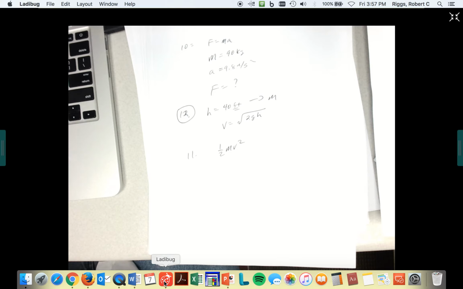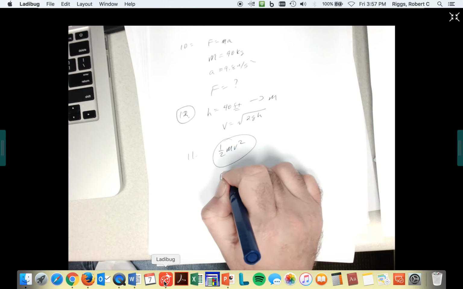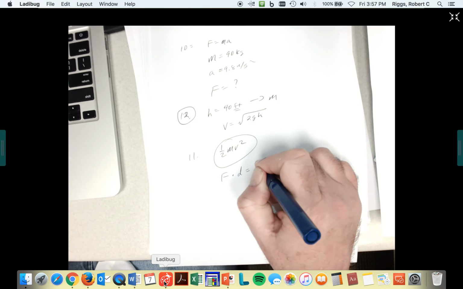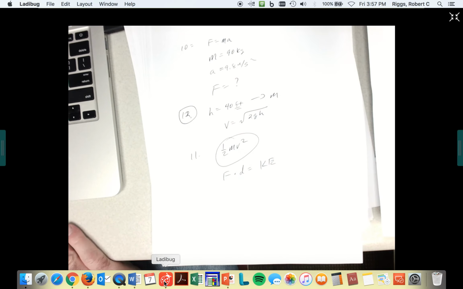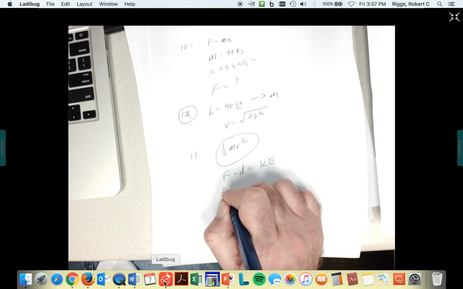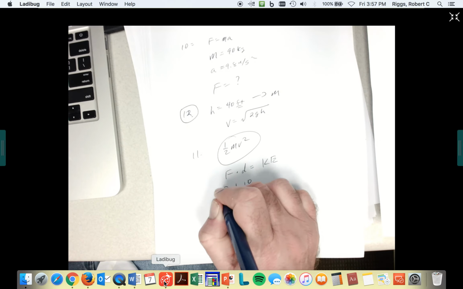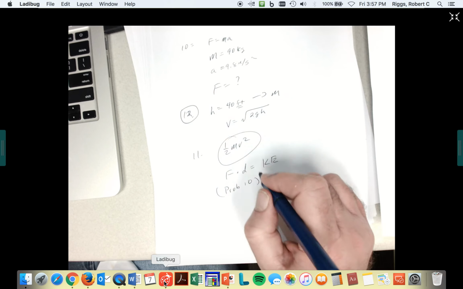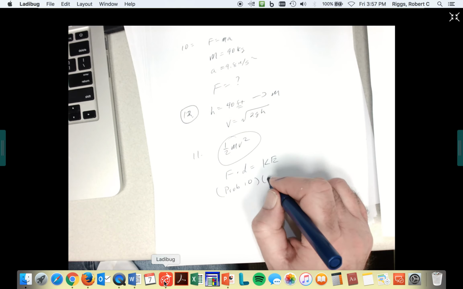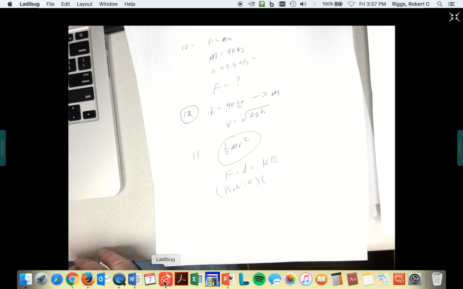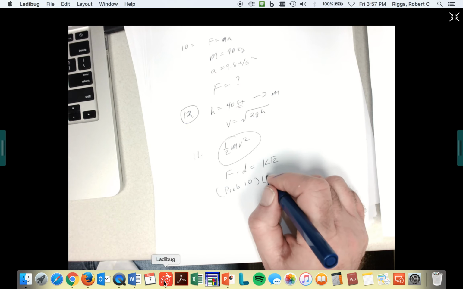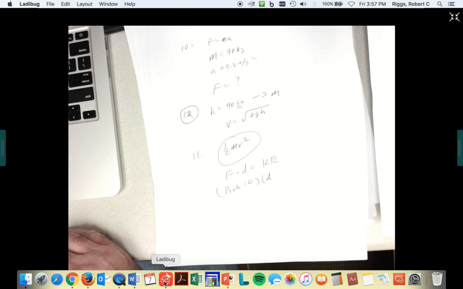It really doesn't matter. 11, you can answer it this way because what I was actually doing was, what's his force times his distance? That'll equal his kinetic energy, too. It's the same thing. The force you figured out in problem 10 times the distance that he fell, times d, which you figured out in problem 11.